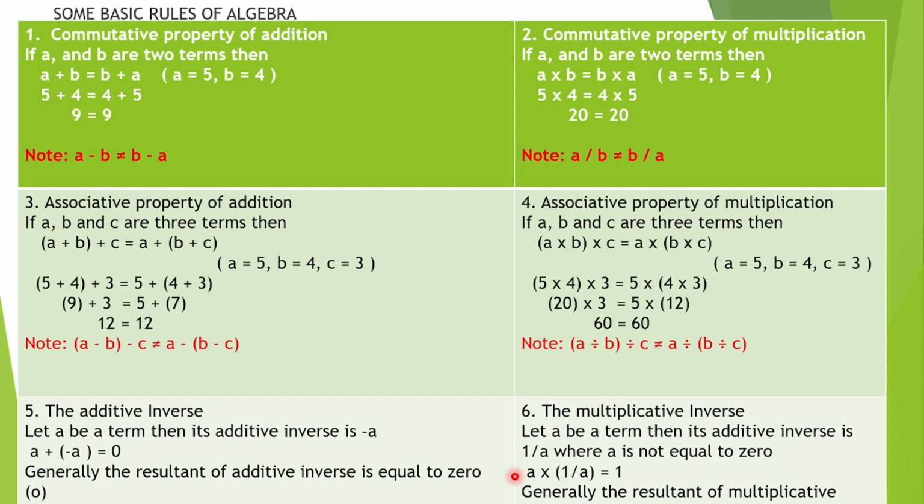If you have the term minus 5, the multiplicative inverse of minus 5 is equal to 1 over minus 5. Please remember that the result of the multiplicative inverse will always be equal to 1, and the result of the additive inverse will always be equal to 0.